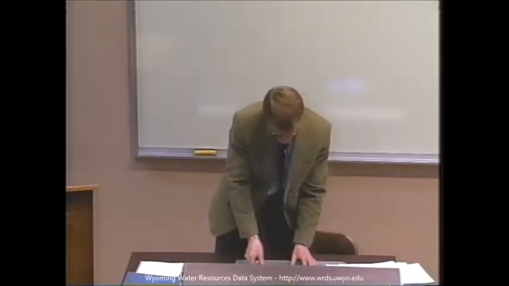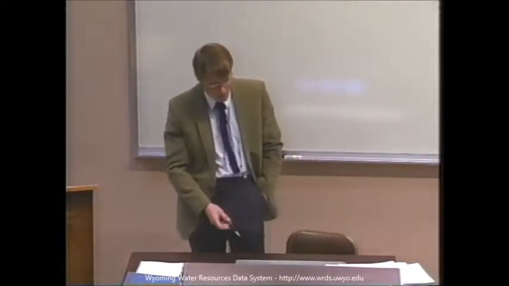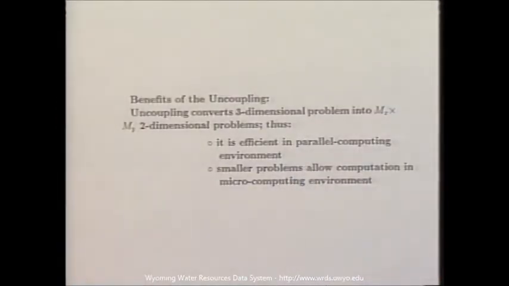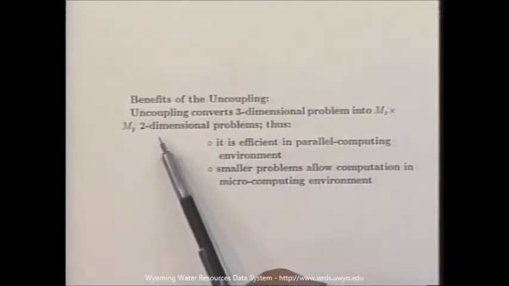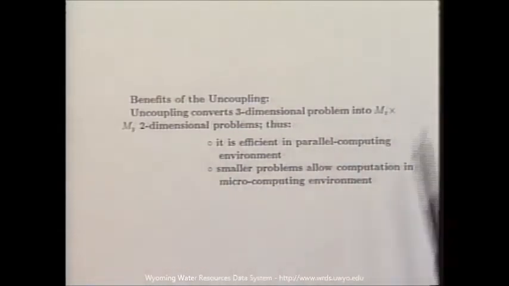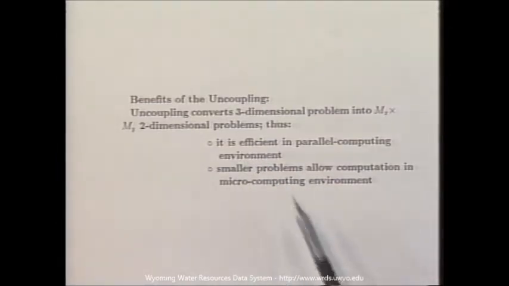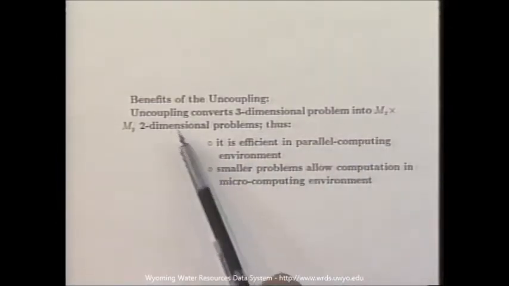The main benefit of the uncoupling is that it's going to convert a rather large three-dimensional-in-space problem into mx by my, where these are the upper limits of your truncated series, two-dimensional problems. Thus, you can take each one of these smaller problems and throw it into a parallel computing environment.